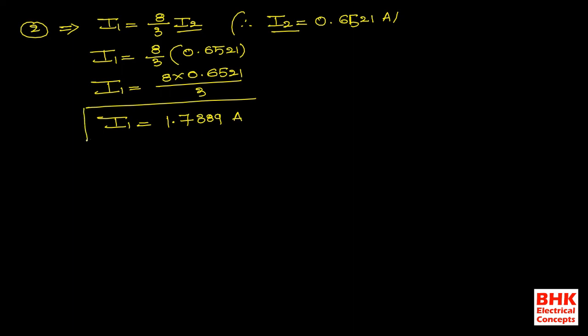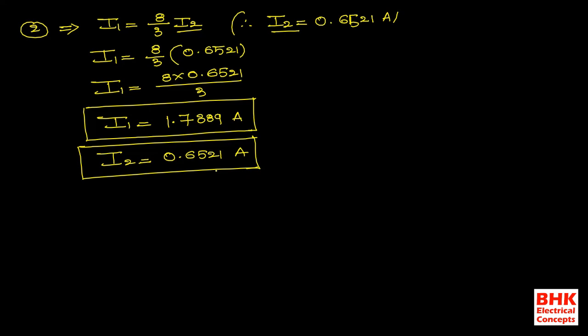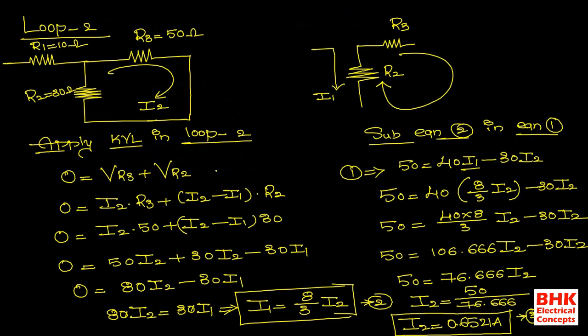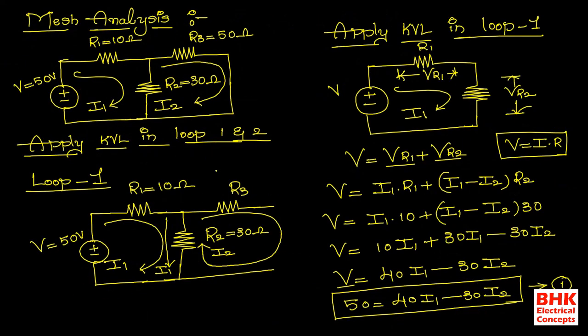So this is the value of I1, and I2 is equal to 0.6521 ampere. So the given circuit is like this, and we calculated the values of I1 and I2 flowing in the individual loops by applying the concept of mesh analysis.